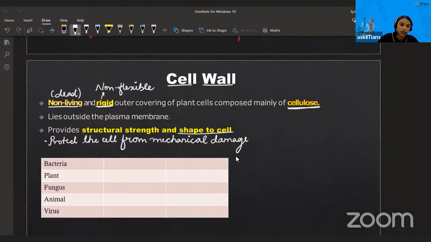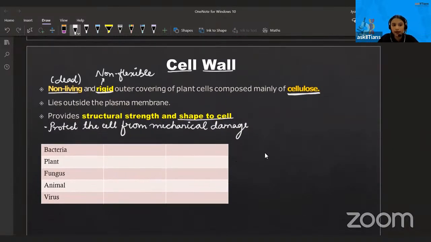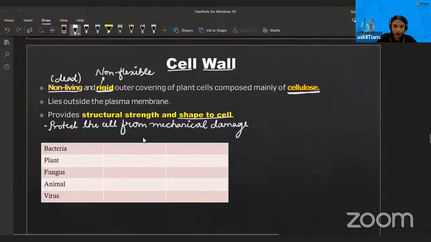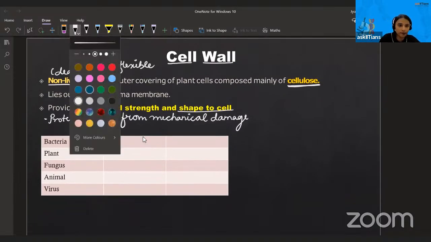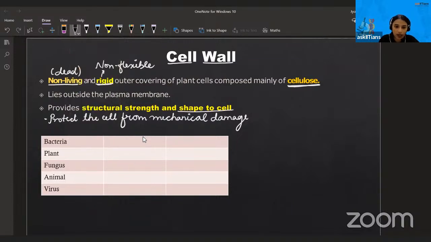Now let us see in which organisms this additional layer is present. So if I talk about bacteria, in bacteria the cell wall is present, and it is made up of a compound known as peptidoglycan.